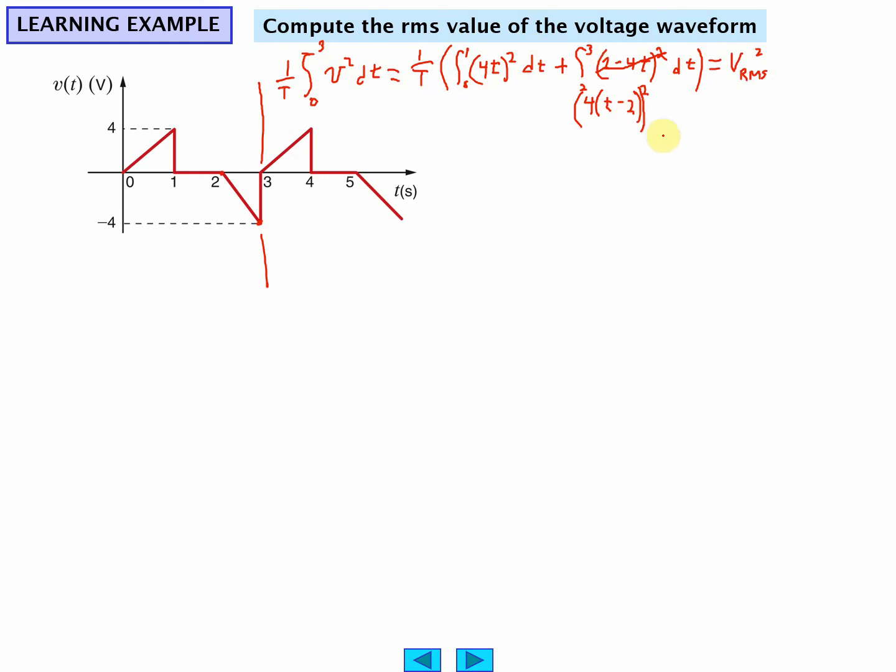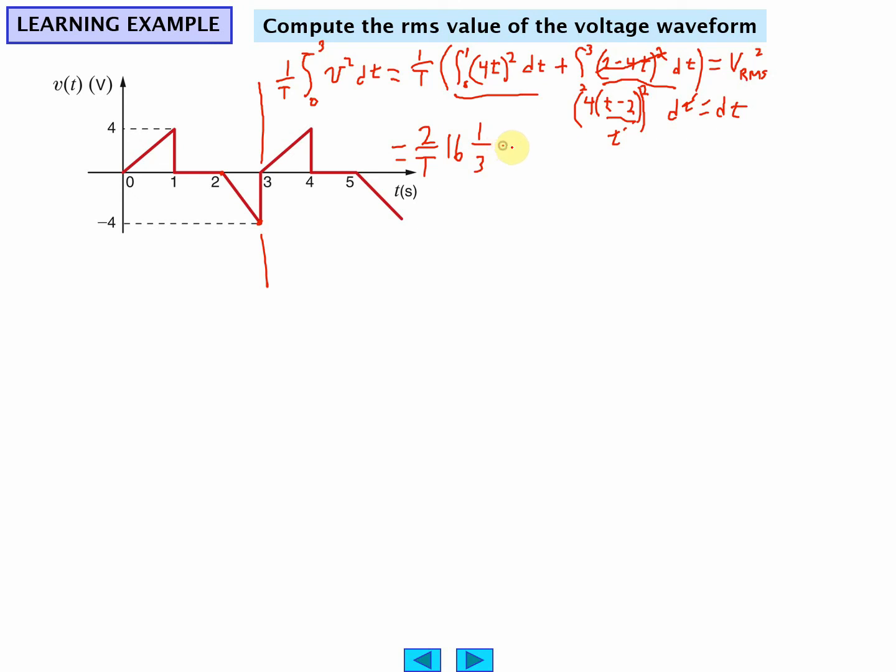We'll see that by doing a substitution, say t prime equals t minus 2, dt prime equals dt, we can see that the integral from 0 to 1 is equal to the integral from 2 to 3. So just doubling that, the integral of 4 squared, which is 16, times t cubed over 3, which is 1/3.